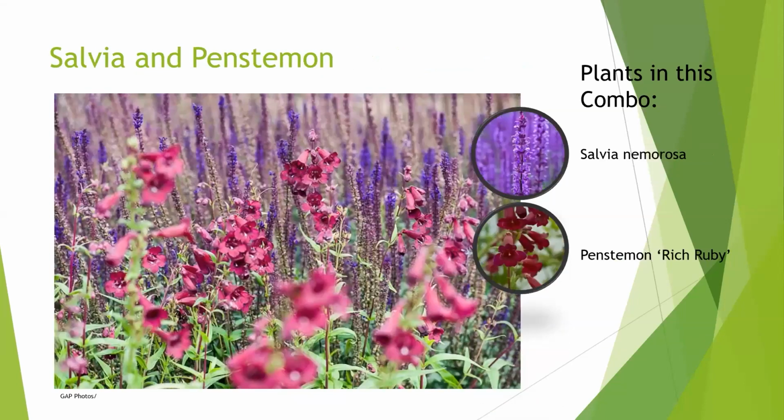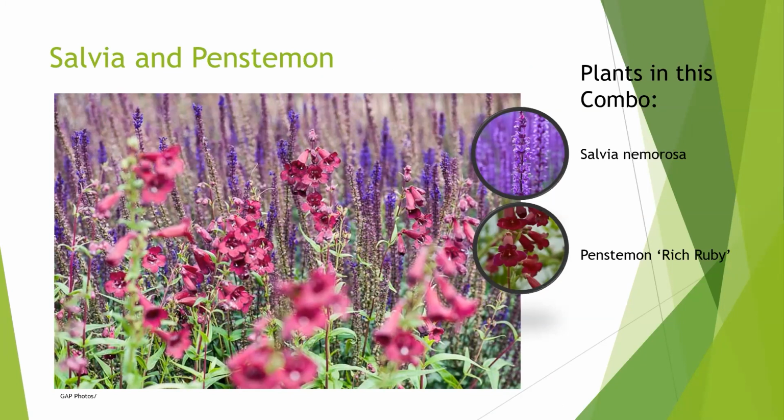Okay, another plant combo, color combo here is we have the salvia, which is one of my favorite plants. I love salvia. I will plant salvia every day of the week. It is just awesome. But it has a really fine looking flower with it, and it grows in a spike.